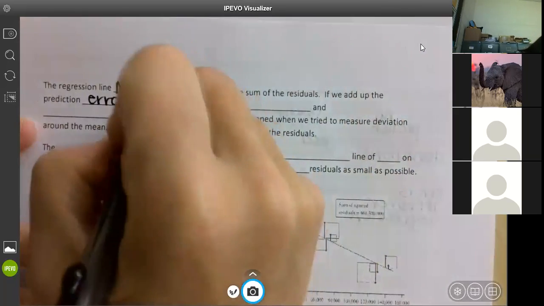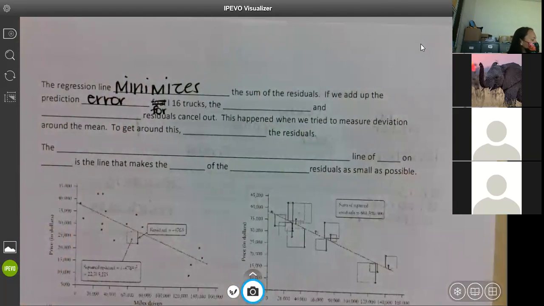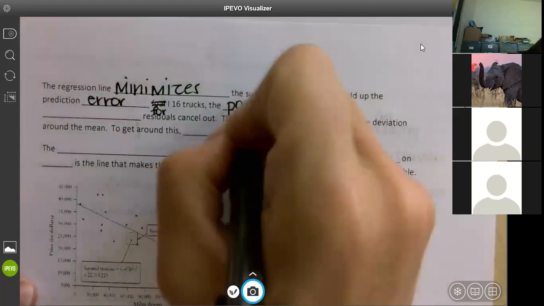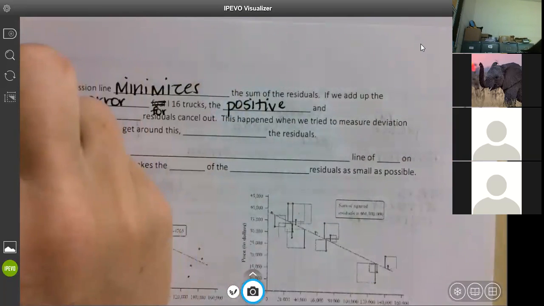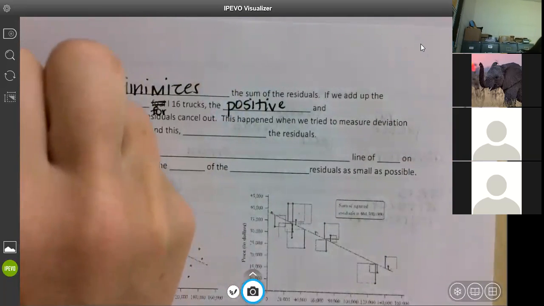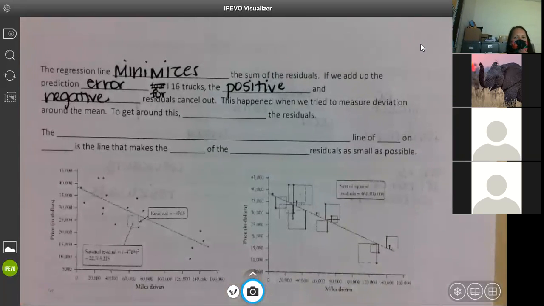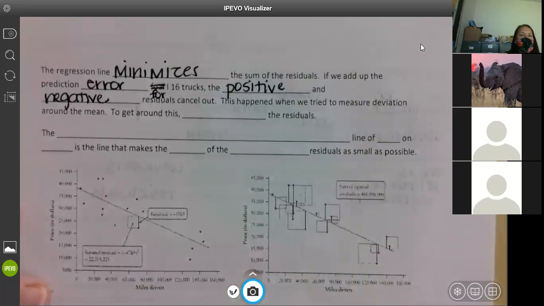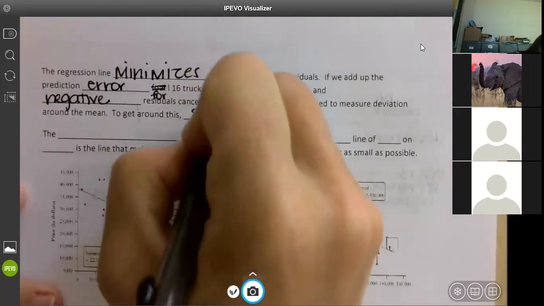It should say 4. For 16 trucks, the positive and negative residuals cancel out. This happened when we tried to measure deviation around the mean. To get around this, we square the residuals.